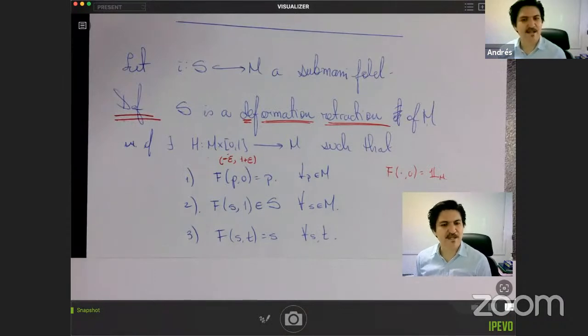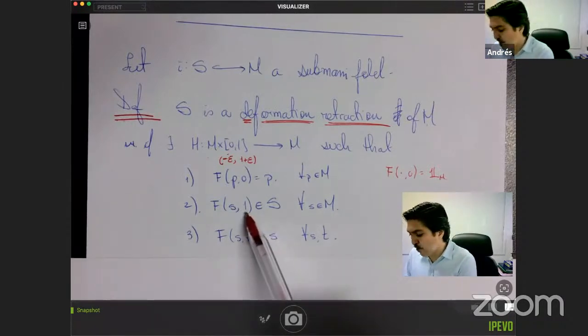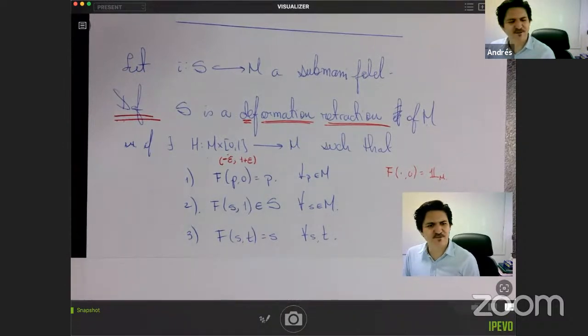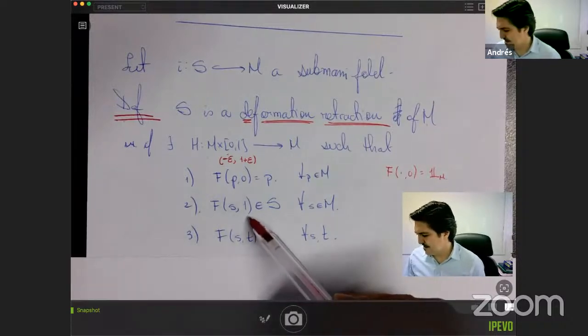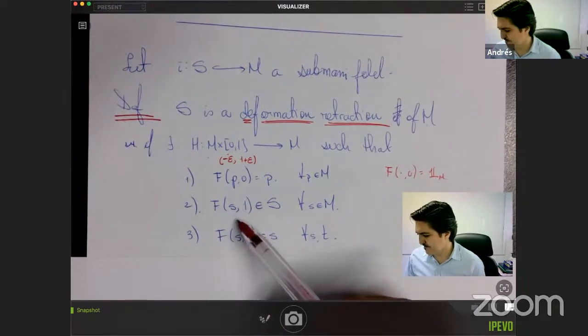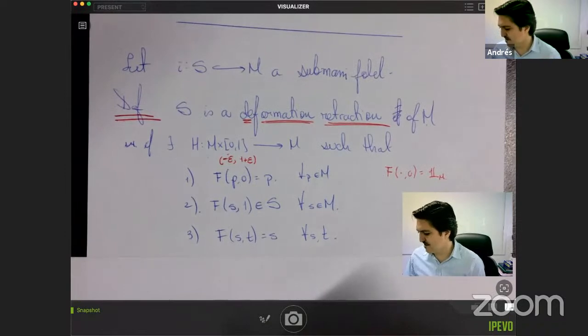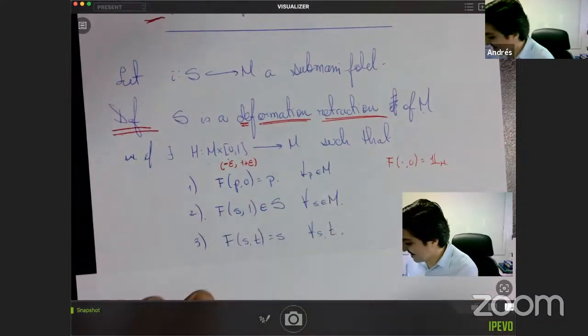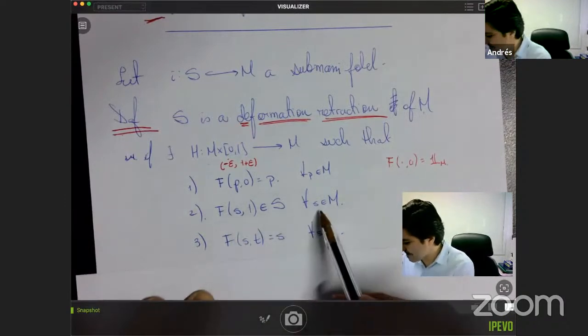At time one, I wrote S, this is correct.